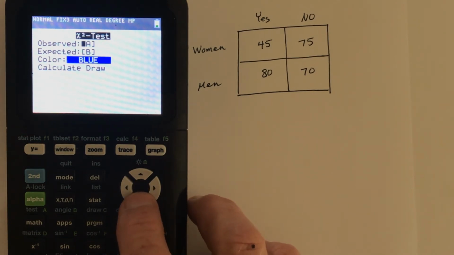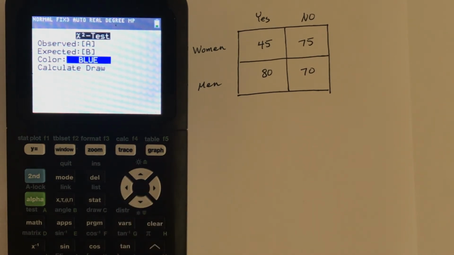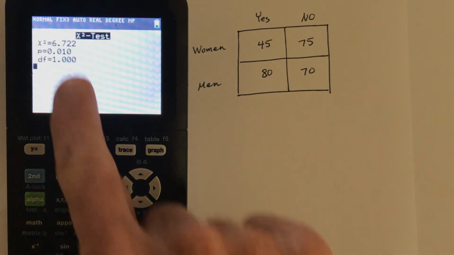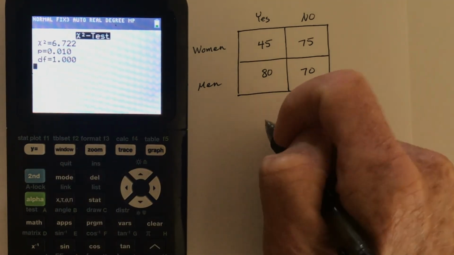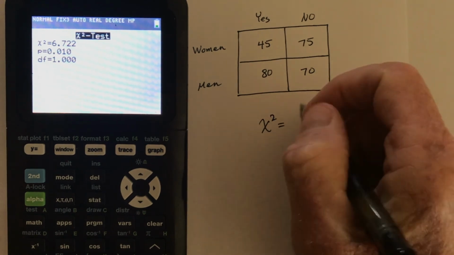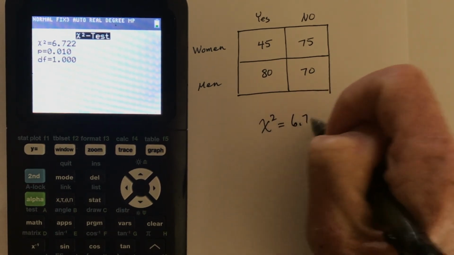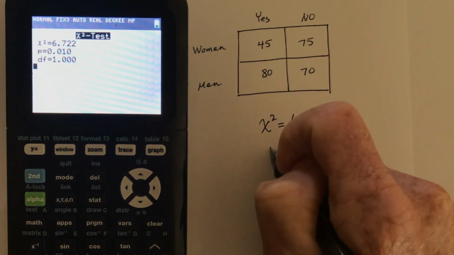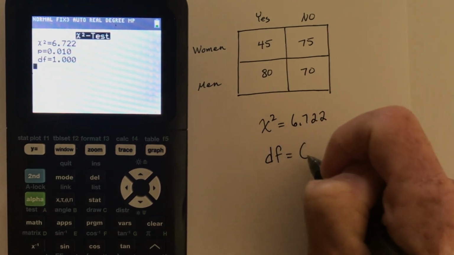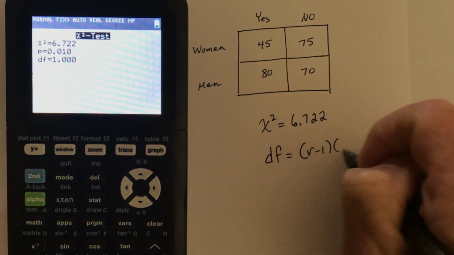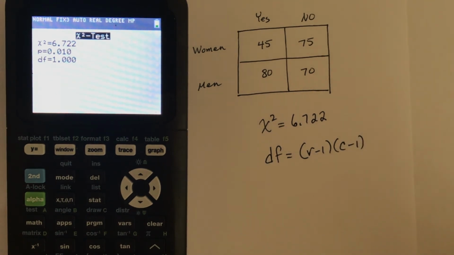The color doesn't matter, move down to calculate, and there's the test statistic. So it's going to be that chi-squared equals 6.722.